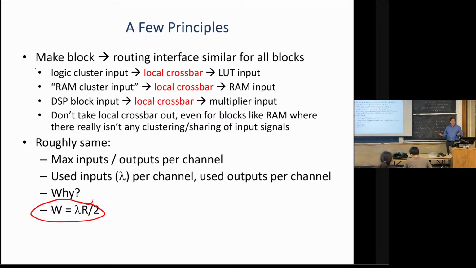I either need to make really wide channels for those hotspots, or make narrower ones for everybody else and accept that I'm going to have problems if people use those blocks. I'd really rather not do either. So this is why, for blocks like PCI Express, we said we should spread out those large numbers of outputs and inputs across many routing channels or pieces of routing channels to keep this roughly constant.